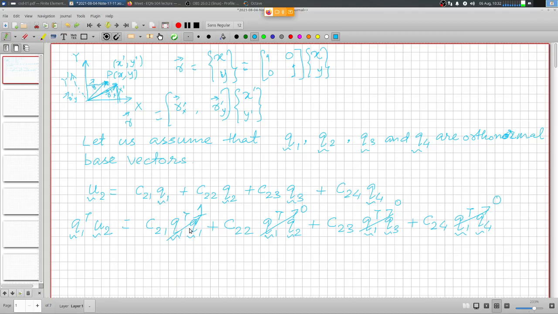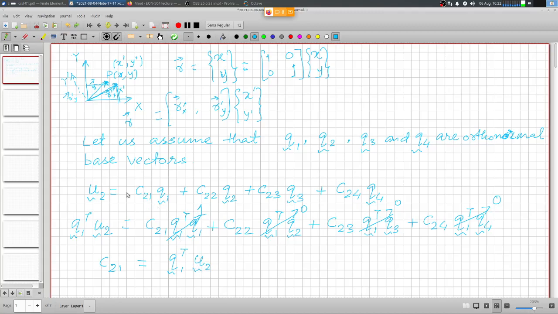So then it boils down to what is c21, and as I told you earlier, c21 is the projection of u2 along q1, and that's what this is. So c21 is the magnitude of q1 which goes into making u2, right?